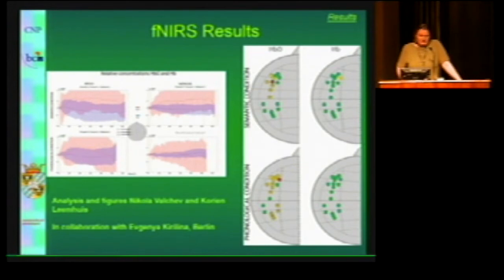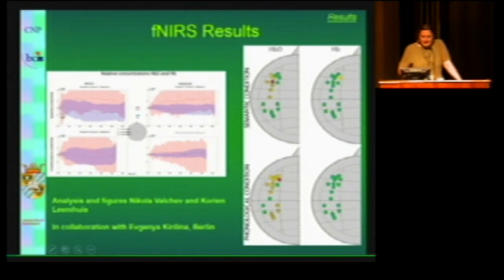This is how the brain activation looks when measured by near-infrared spectroscopy. You can see the red lines in all panels present oxygenated hemoglobin, and the blue lines present deoxygenated hemoglobin.